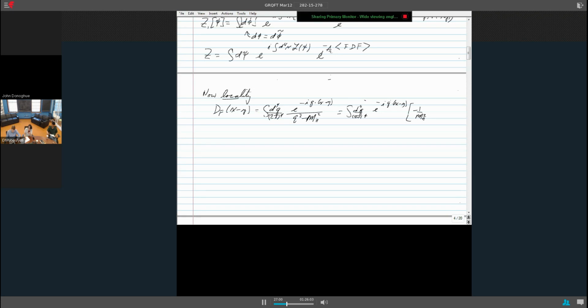So the trick here is you write this as integral d4q over 2 pi to the fourth, e to the minus I q dot x minus y. If this guy is heavy, there's a minus 1 over m heavy squared as the leading term. I'm Taylor expanding: minus q squared over m heavy to the fourth, plus and so on.